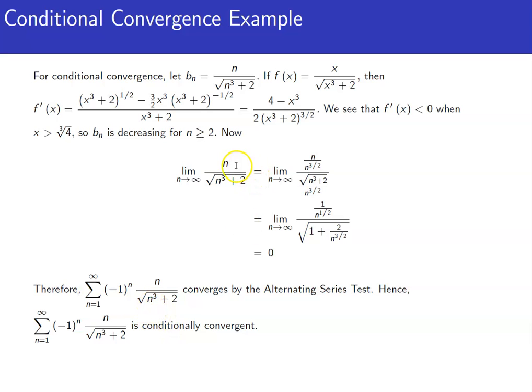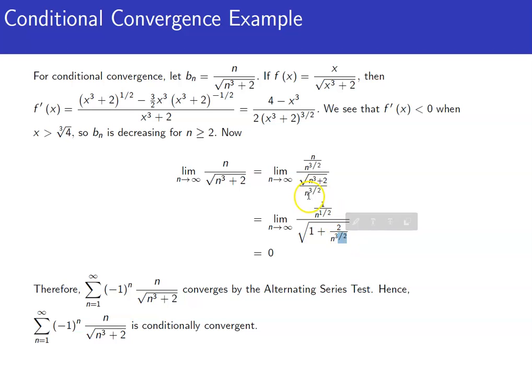Take our limit. It's probably easiest to notice that we have n over the square root of n cubed, essentially n to the 3/2, like we talked about for the limit comparison test. Divide top and bottom by n to the 3/2. We get 1 over n to the 1/2 on top, and then a 1 plus 2 over n cubed in the radical.